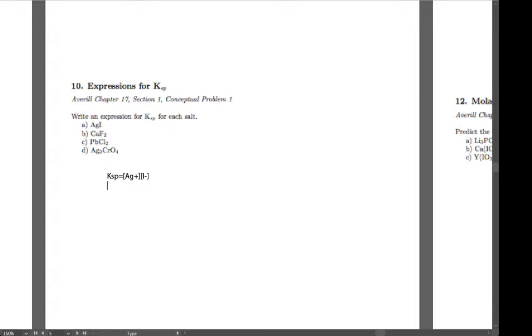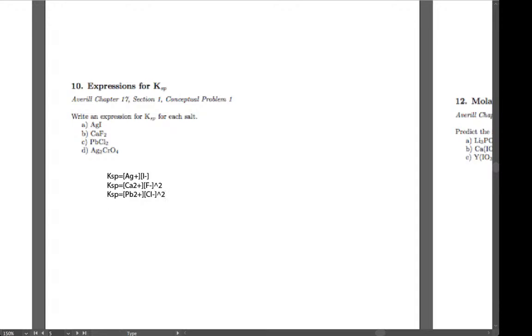So that's for part A. For part B, that would equal Ca2 plus and F minus squared. For the third one, lead Pb, that would be Pb 2 plus and then Cl minus squared.